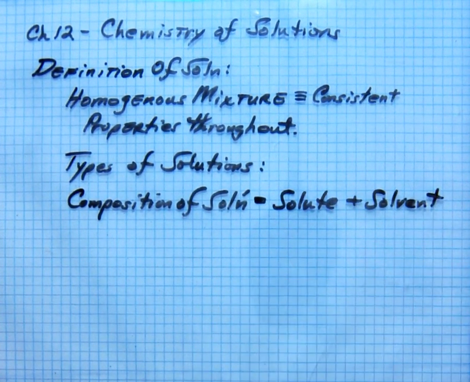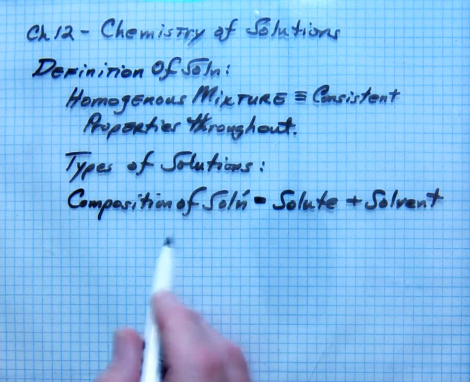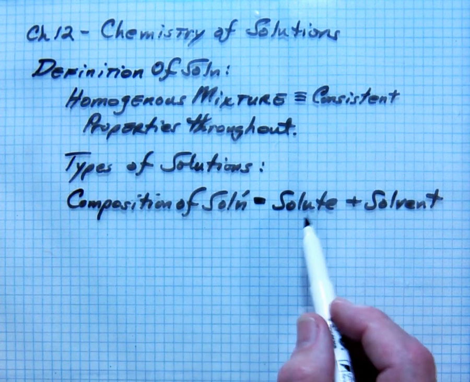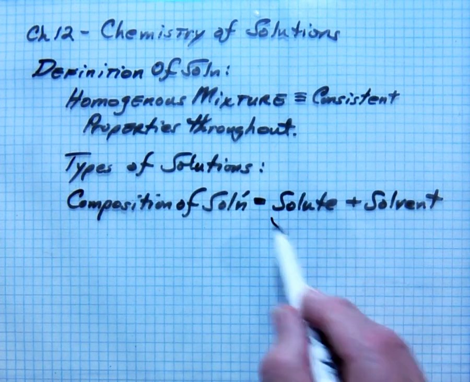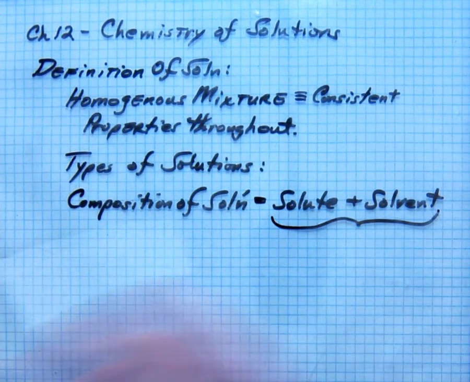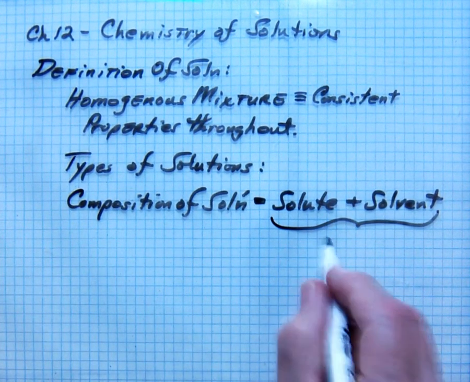The solute, in general, is the component in the lowest amount, and the solvent, of course, is the component in the greater amount. Now, one of the things you need to focus on here is that when we talk about a solution, we're not talking about just the solute, not just the solvent, but the combination of these two is the solution.